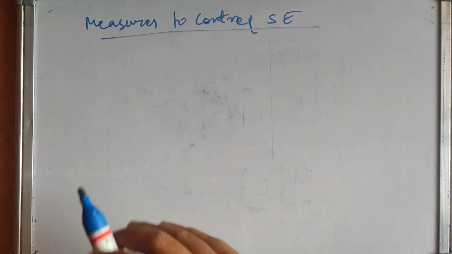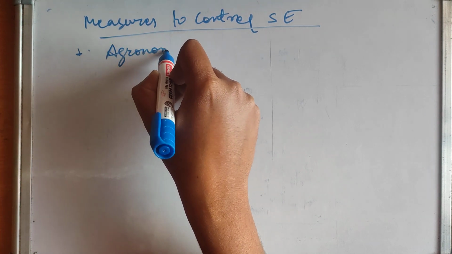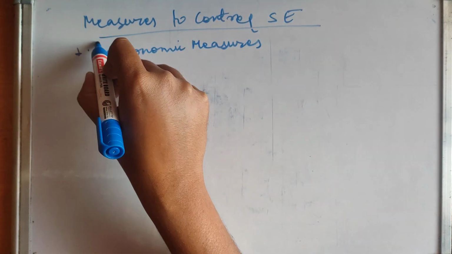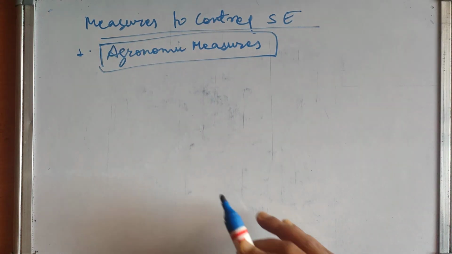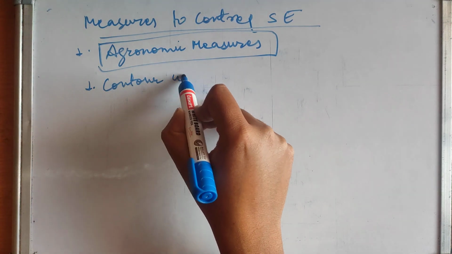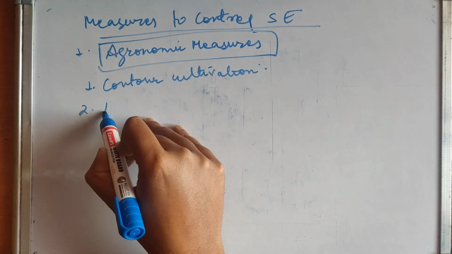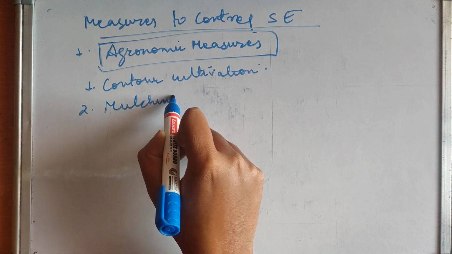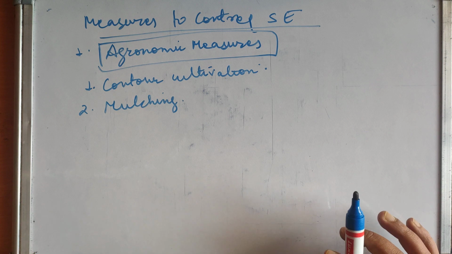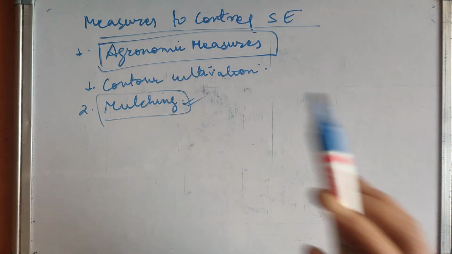First of all, we will discuss agronomic measures, that is, related to agriculture. We can do contour cultivation, mulching, that is, materials. We cover the soil surface to check evaporation and conserve soil water, and this also helps control erosion.